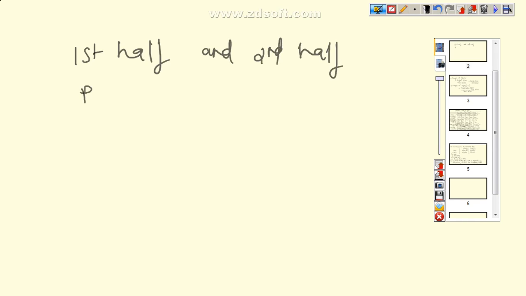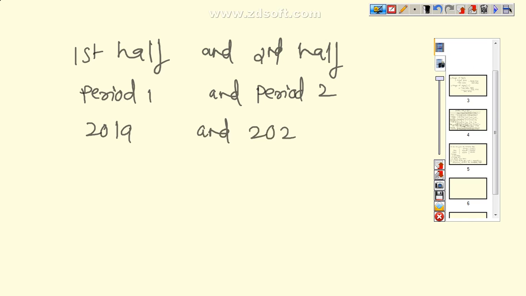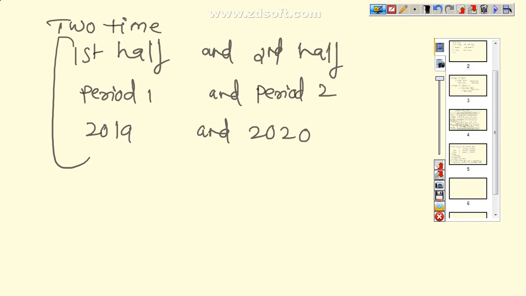Yeah, it may be period 1 and period 2, or it may be 2019 and 2020. If the information is of two time periods, there we have to apply the change formula.